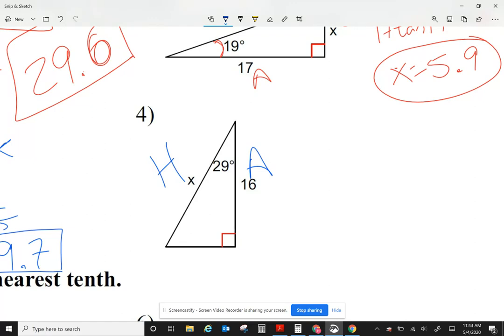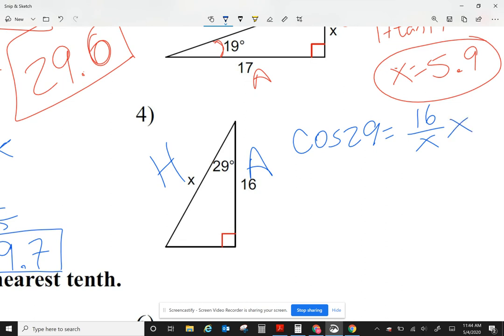So I'm looking for sine, cosine, or tangent. The one that has A and H is cosine. So I'm going to be using cosine of 29 degrees. Remember, it's always sine, cosine, tangent of the degrees. So cosine of 29 degrees is 16 over x.